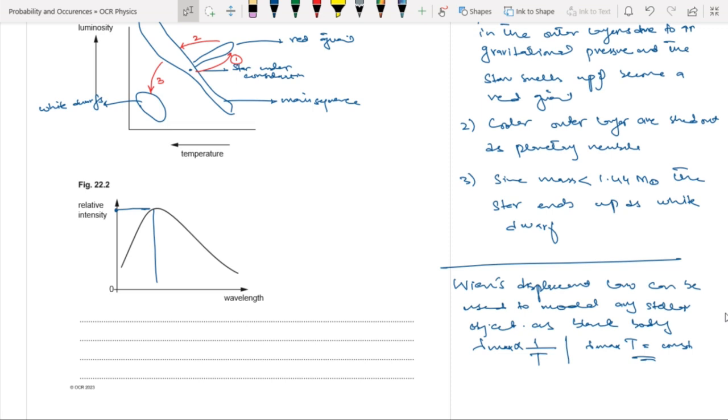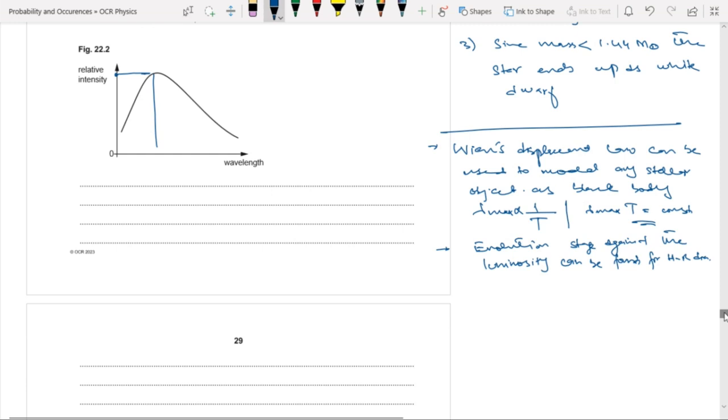But if it was given, then we would be able to find the stage of any particular star or stellar object from the HR diagram. Evolution stage against lambda max. In fact, against the luminosity can be found from the HR diagram.